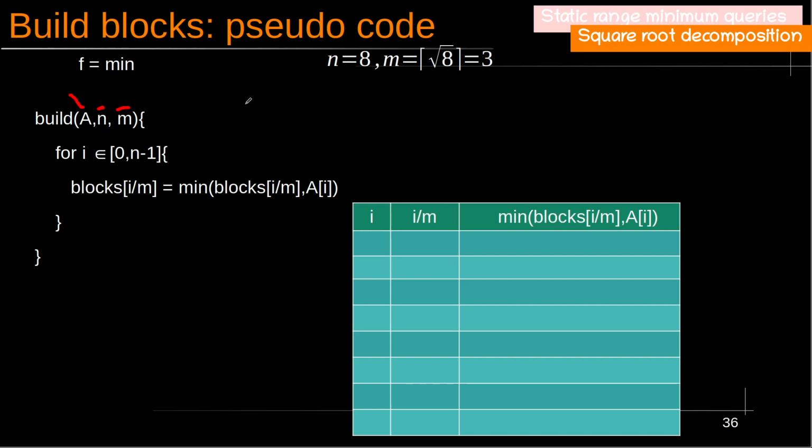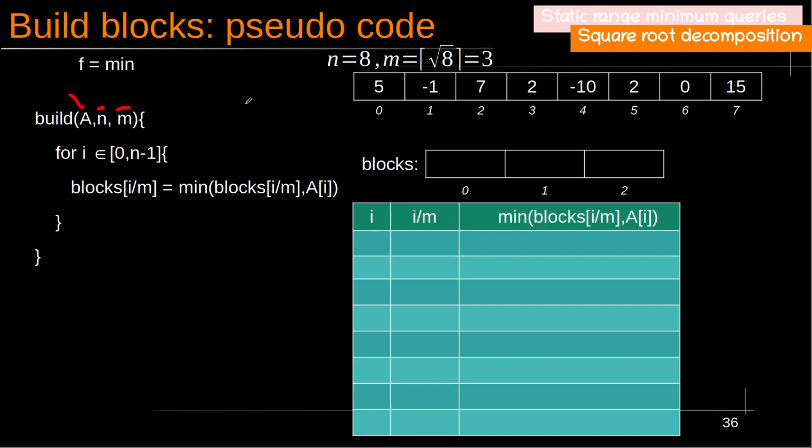We have to iterate from 0 to n minus 1 and compute for each block the minimum of the m cells in the original array.